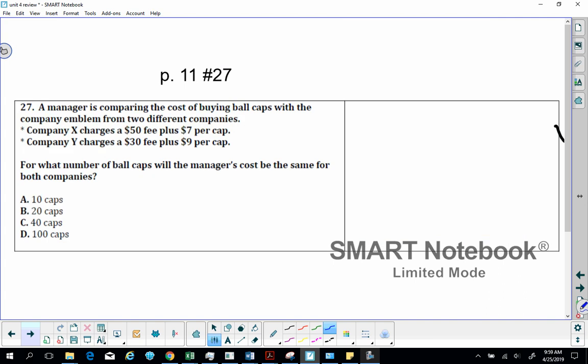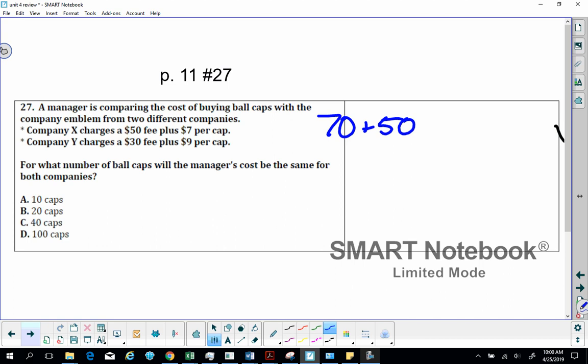All right, page 11, number 27. If you were to plug in each one, just to figure out how much they were worth, if you started with A, $7 per cap. So it would be $70 plus the $50 fee, right?